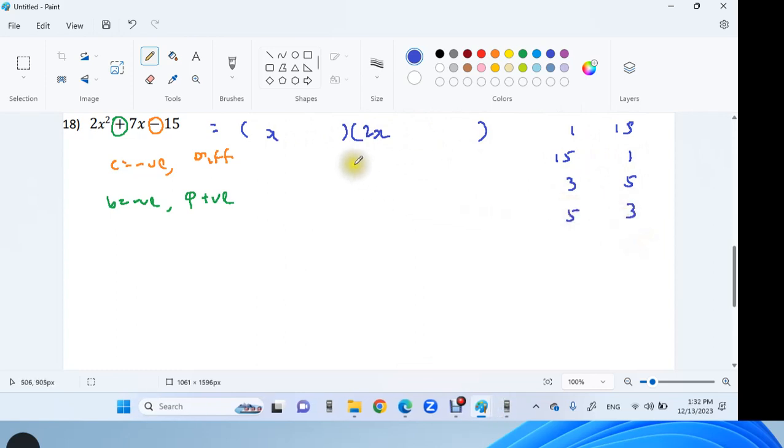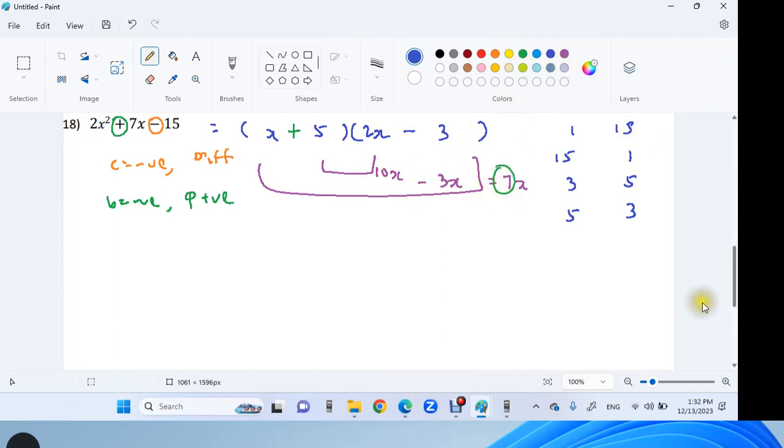So we have the 5 and 3 here, because this is 10x, this is 3x. So B is positive, so positive here. Then negative, and we have 7x here. So same 7x here.